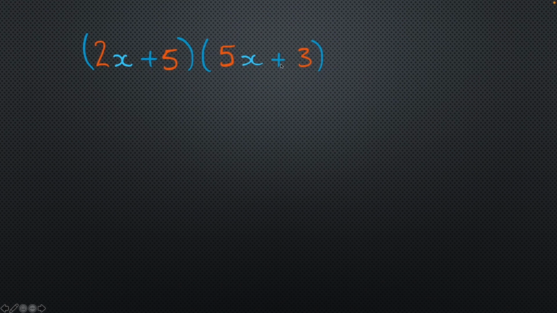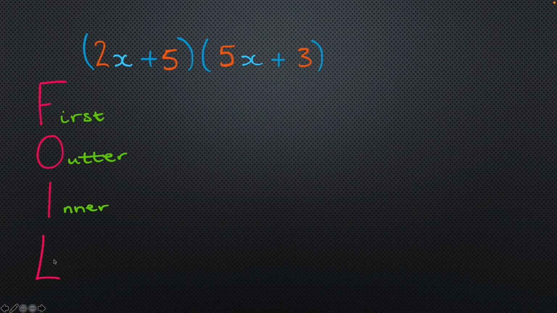However, to provide a method for this, there's a simple acronym you can remember, which is FOIL. First, we multiply the first term from each bracket, so that's 2x and 5x, which gives us 10x squared. Next, we multiply the outer terms from each bracket, which is 2x and 3, to give us 6x. Third, we multiply the inner terms, which are 5 and 5x, which gives us 25x.